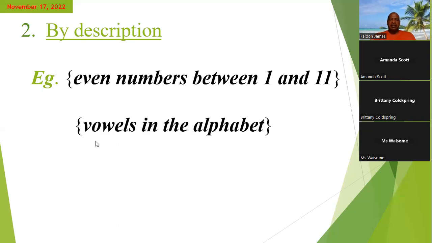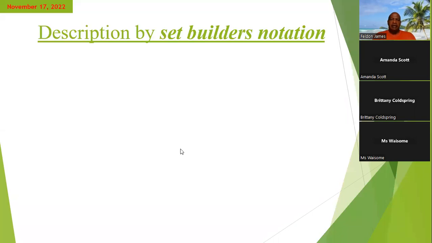For the second set that we listed, the vowels, we can describe it by saying the vowels in the alphabet. Don't forget the curly brackets mean "the set of," so the set of vowels in the alphabet.